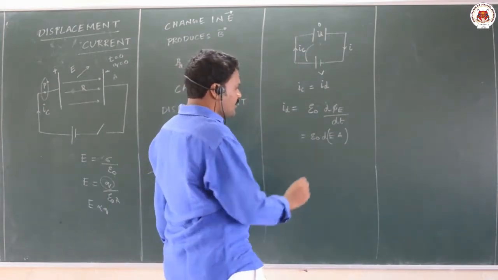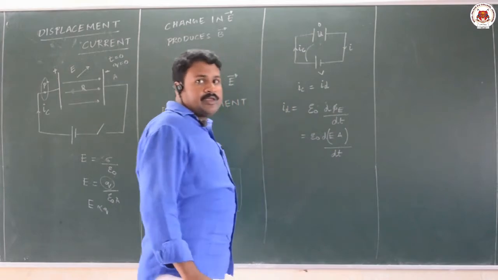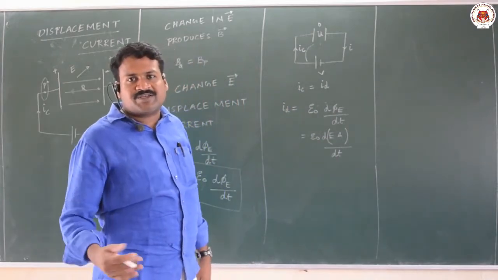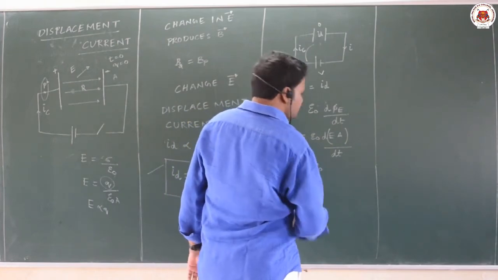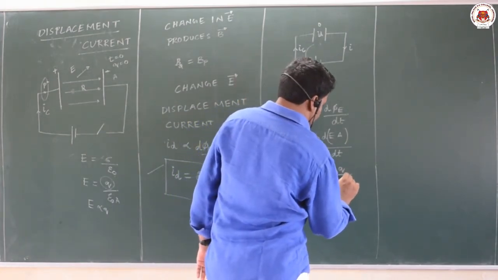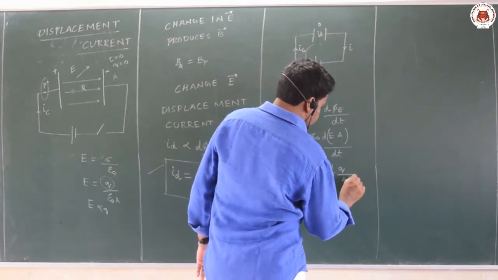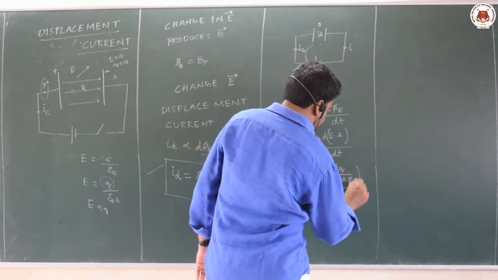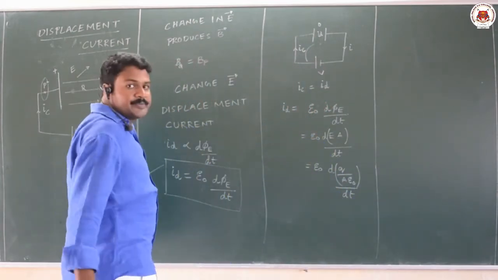Now the electric field within the plates of the capacitor, what is the electric field? Sigma by epsilon naught, that is q by A epsilon naught. So I am writing sigma by epsilon naught as q by epsilon naught A.